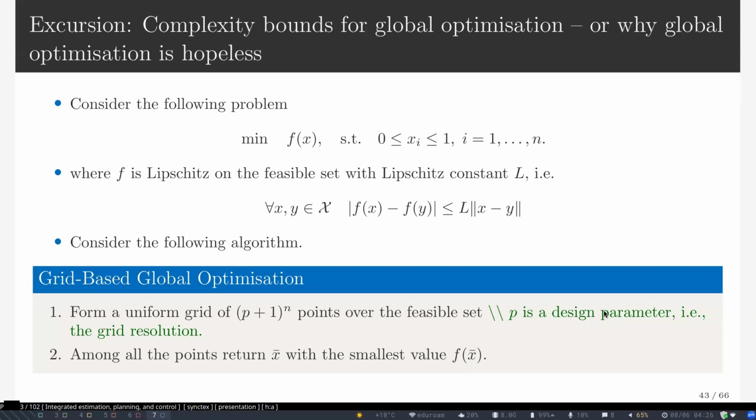So one thing is that I can never be sure that I will find the optimal value. I will go to a neighborhood. But what is the size of that neighborhood? What does my suboptimality get bounded by?